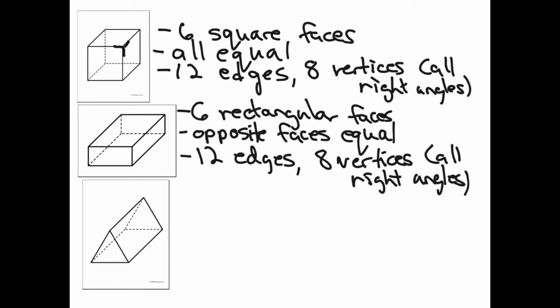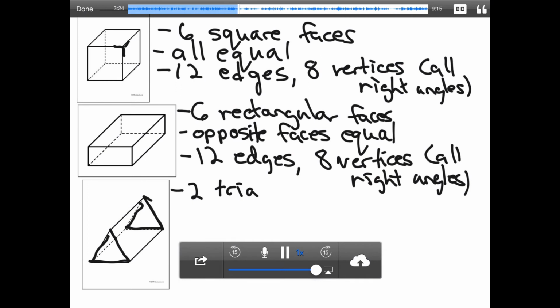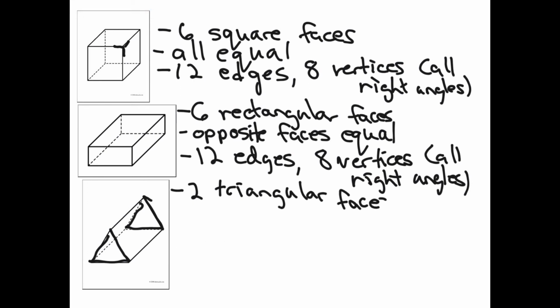Okay, the prism that we're going to talk about today that is most different is a triangular prism. A triangular prism has only 2 triangular faces that are equal to one another, and they are opposite, on opposite sides of the figure. So 2 triangular faces that are equal.